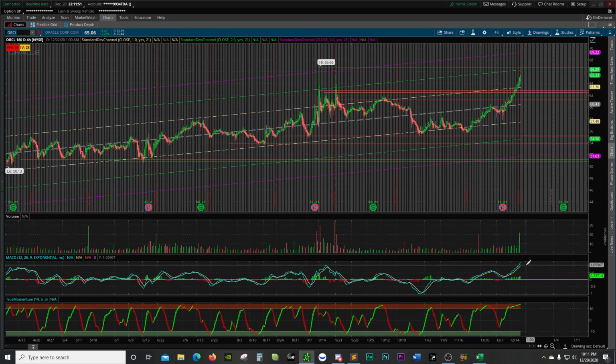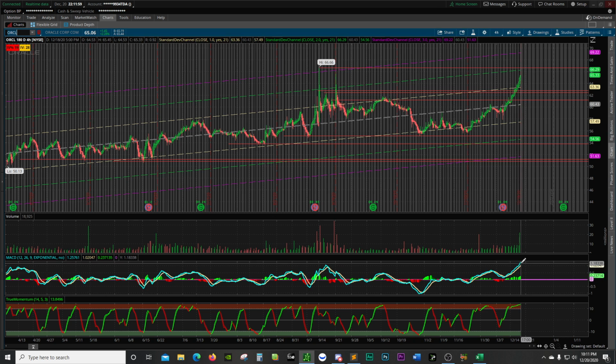And as you can see here, one thing that I like to pinpoint on the MACD, this is the only thing I use MACD for. When you see the two lines spreading across from each other pretty far, that to me says there's going to be a pullback, or at least this blue line is going to come back to this white one.